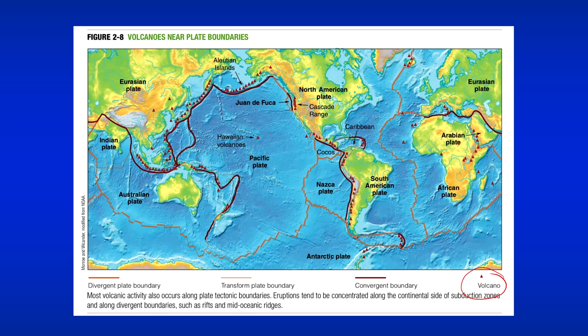The rest of the plates will not show evidence or signatures of volcanic eruptions. These are the volcanoes, which are again very clearly aligned in the area where you have subduction.